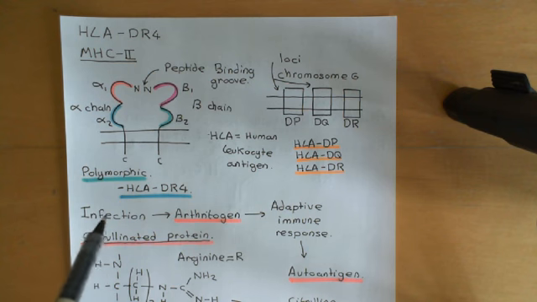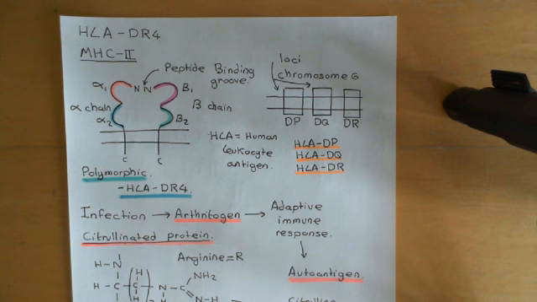So that is, we think, why HLA-DR4 is important here, that it's the molecule which is responsible for presenting the specific epitope of the arthritogen containing the citrullinated residue to the CD4 positive naive T cells.